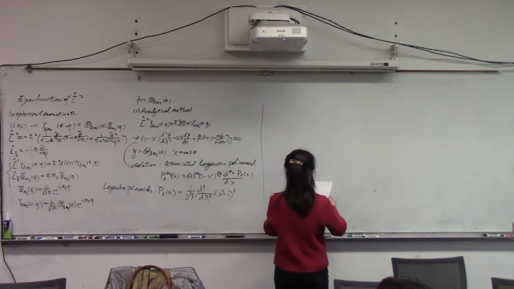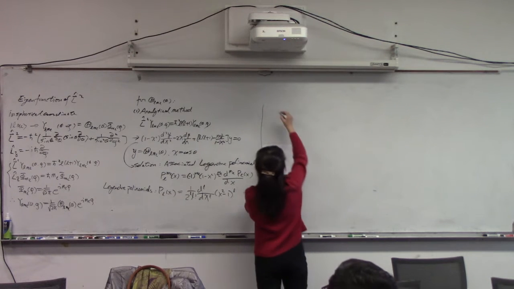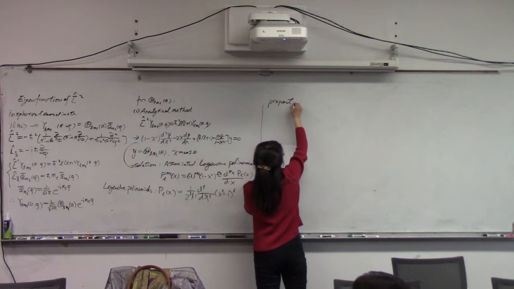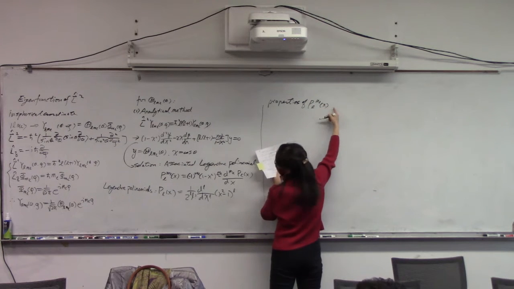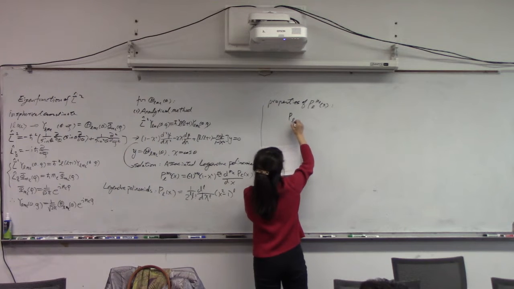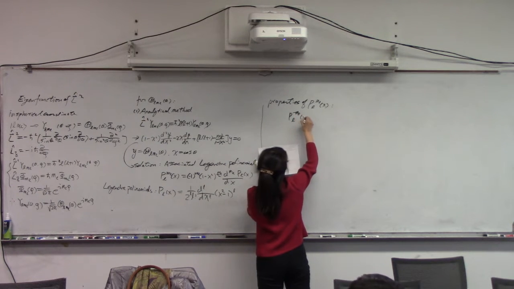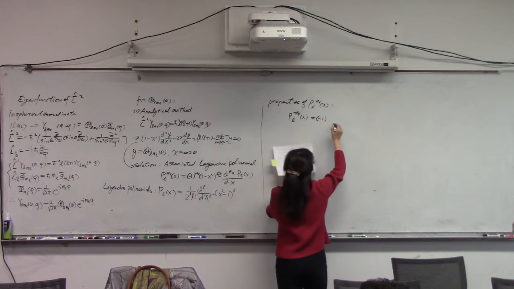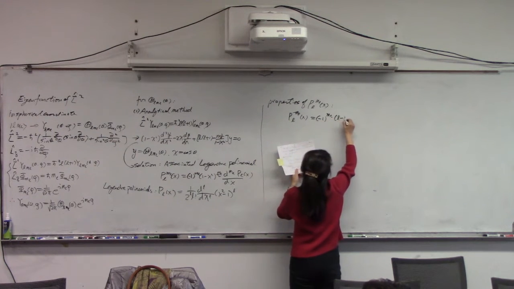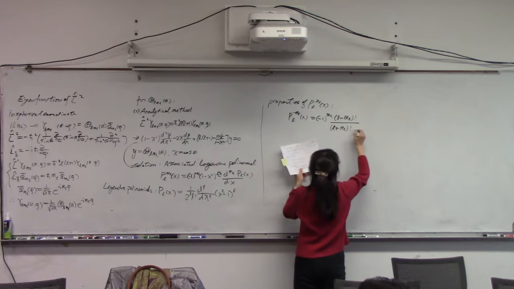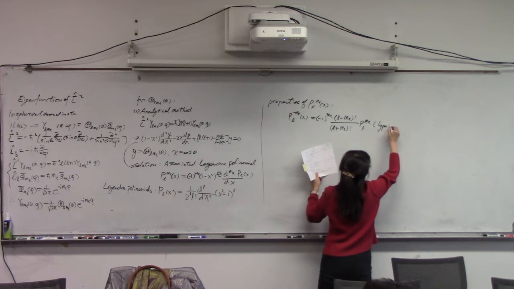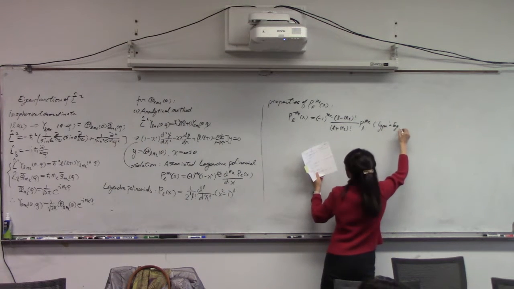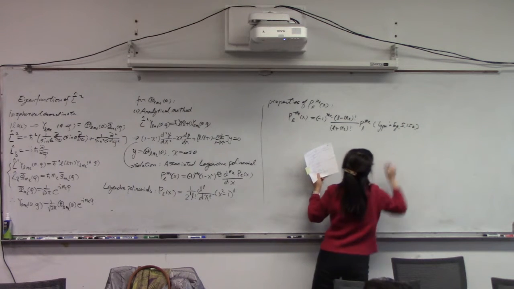There's one property in the textbook, so I'm going to go through the properties of the associated Legendre functions, where x is cosine theta. First one: if m is negative m, P_l^{-m} equals (-1)^m times (l minus m) factorial over (l plus m) factorial times P_l^m.